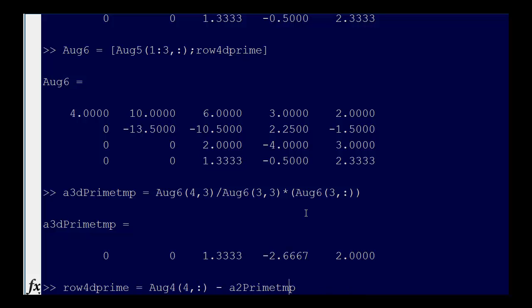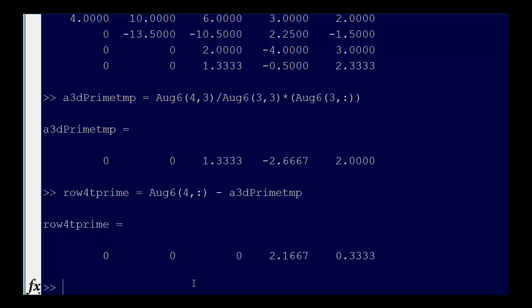And then we're going to say row 4, that'll be triple prime. That'll be og6, and we'll take the 4th row and we'll minus the A3 D prime temp.